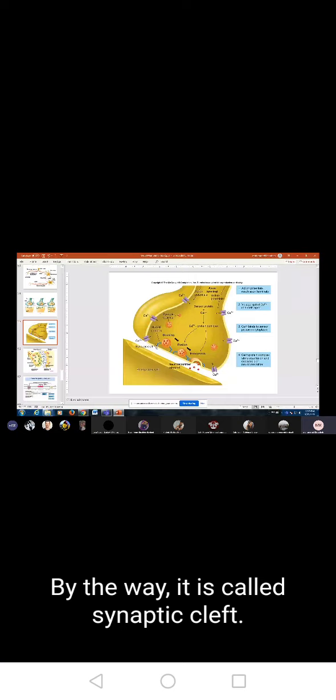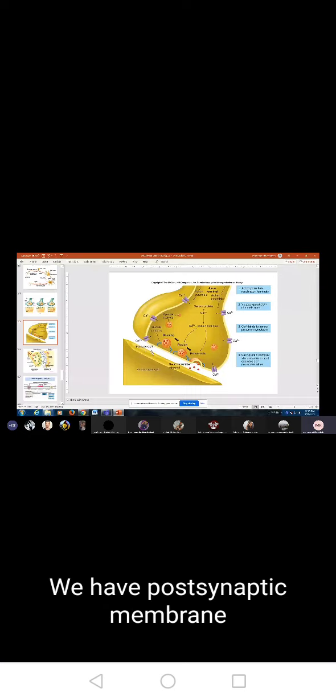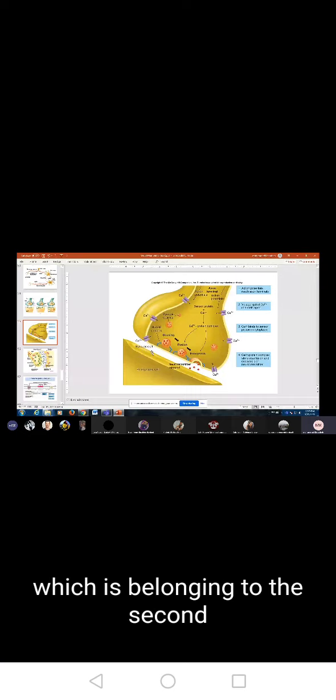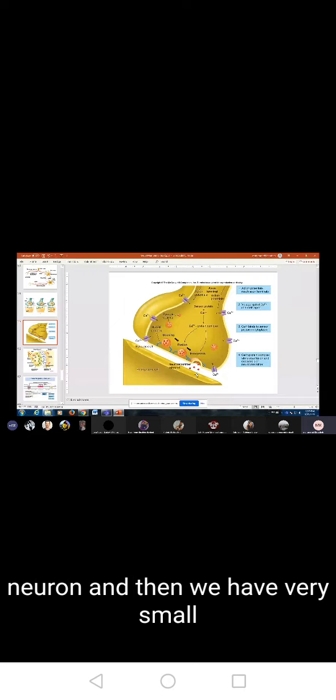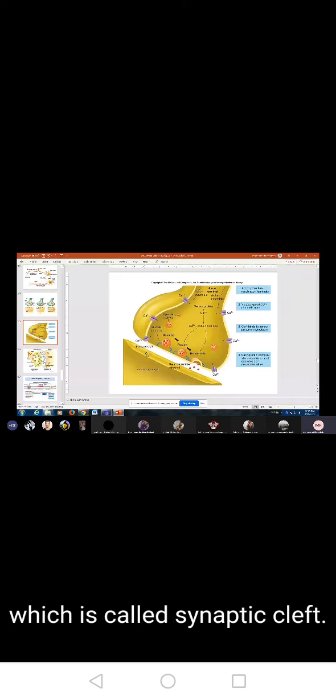That small space, by the way, is called the synaptic cleft. So we have the presynaptic membrane, we have the postsynaptic membrane belonging to the second neuron, and we have a very small space between the two membranes, called the synaptic cleft.